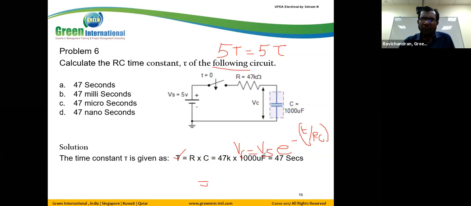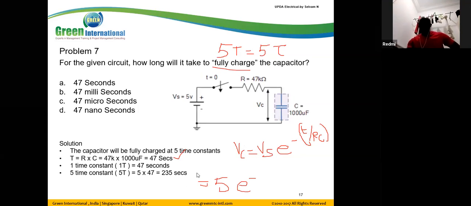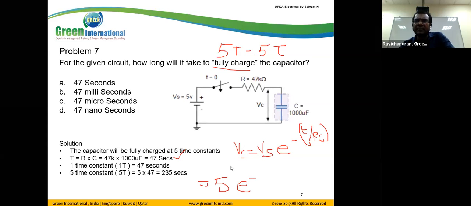This is the formula for the capacitor voltage. Now we are discussing problem number 7.